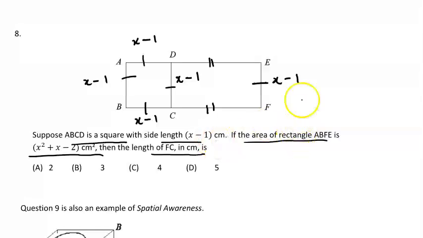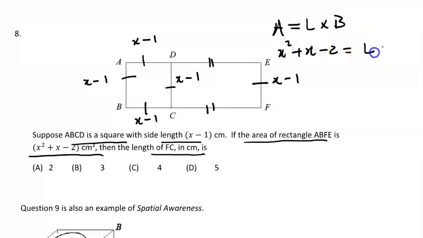So what's given to us? We are given the area of the rectangle. Remember, area is equal to length times breadth. So the area of the rectangle will be x squared plus x minus 2 equals length times breadth. Now let us formulate. So what do they want us to find? FC.